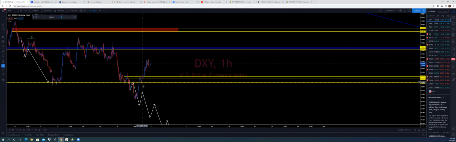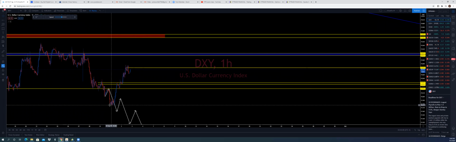This is like 93.33. And then look for a reaction off of this structure. Maybe a pullback if the dollar decides to stay bullish, or the continuation to the downside. The equal lows right here, they are fairly equal.